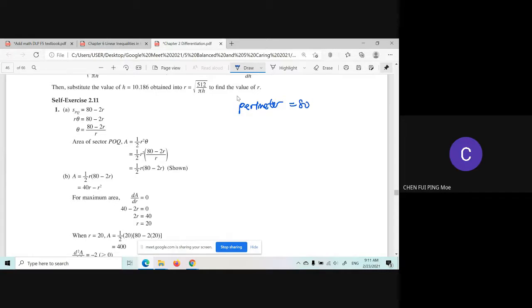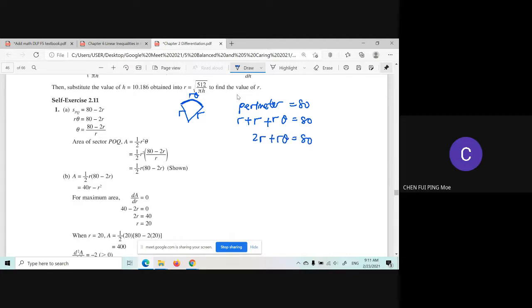These two sides will be r and r. So r plus r plus this length, which is r theta. So plus r theta equals a. We have 1r, 2r, so 2r plus r theta equals a.